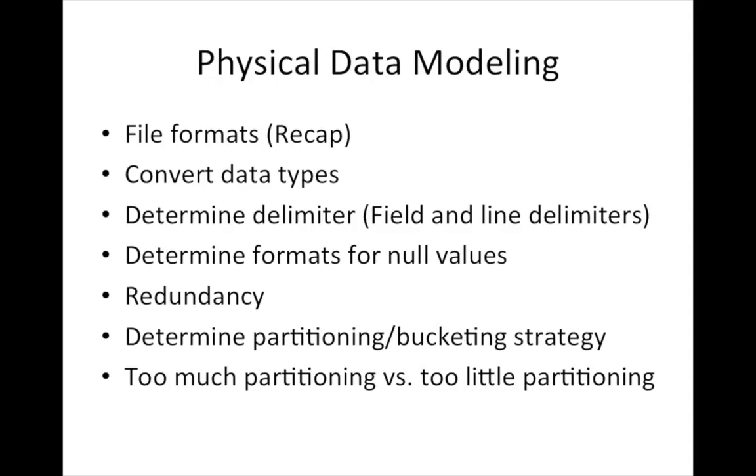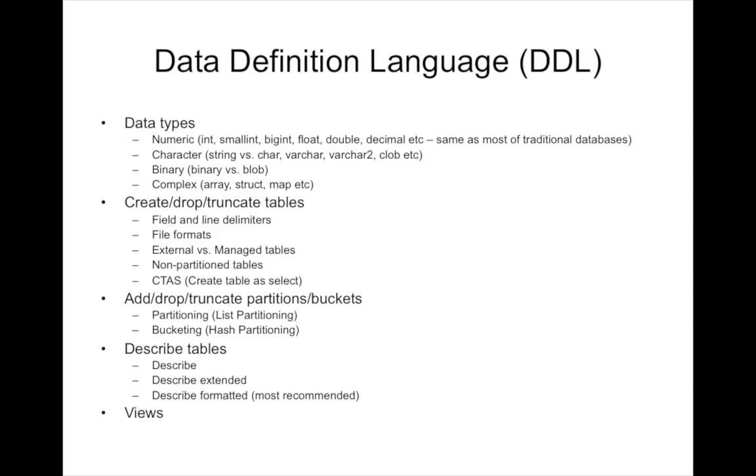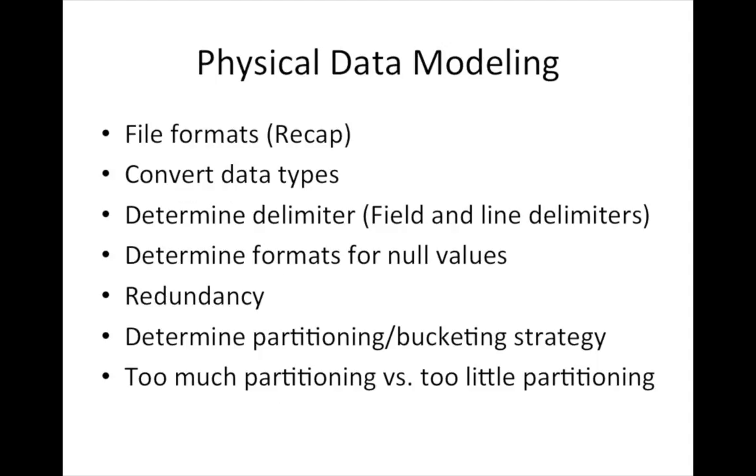And when you are doing physical data modeling in Hive, you have to change the data types. As I have explained earlier in this slide, there are certain differences between traditional databases and Hive. If you want to create tables using traditional databases as a reference, then you have to make all these adjustments. And you have to determine the delimiters, the field and the line delimiters.